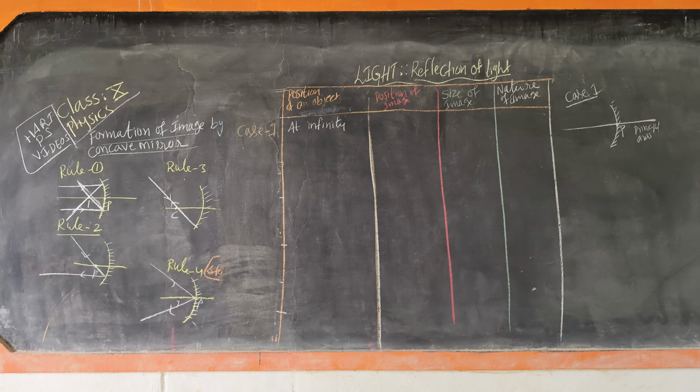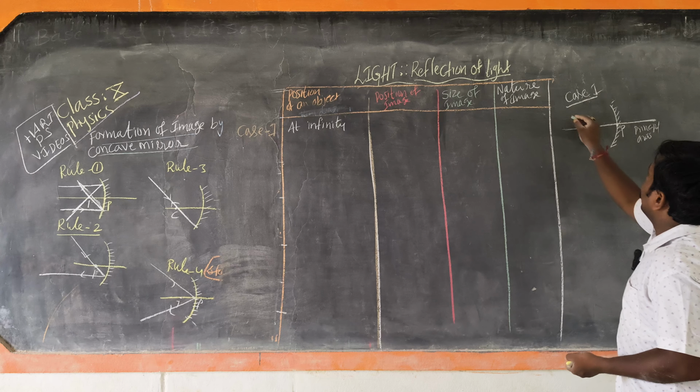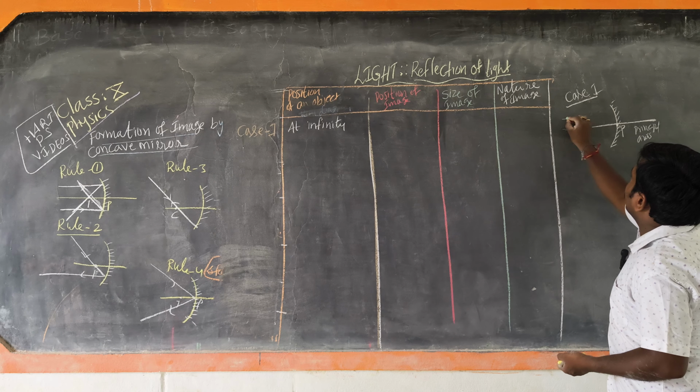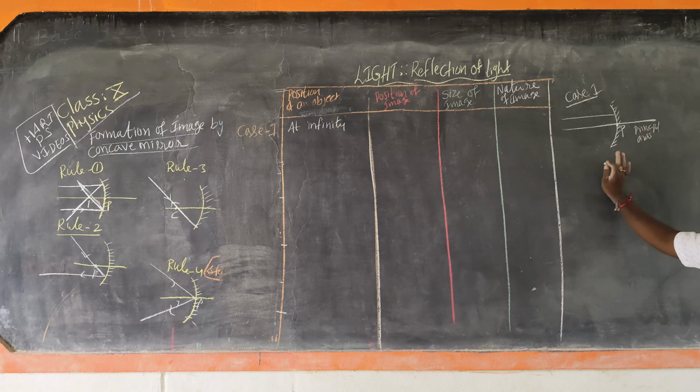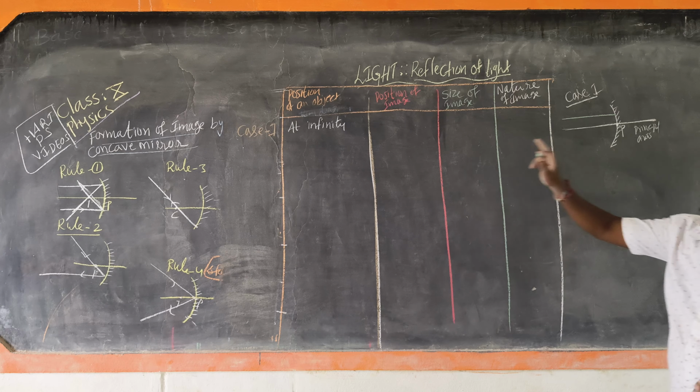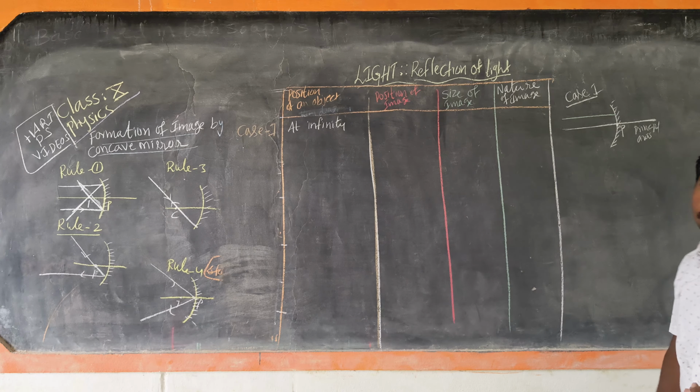At infinity in the sense parallel rays. We know the light ray which is parallel to the principal axis, after reflection passes through focus, rule 1.